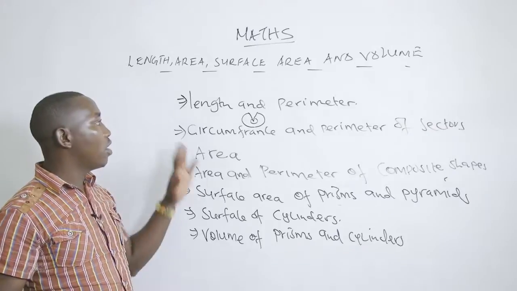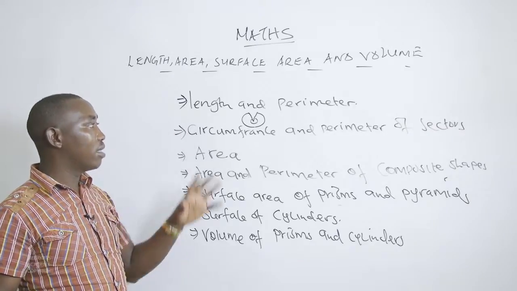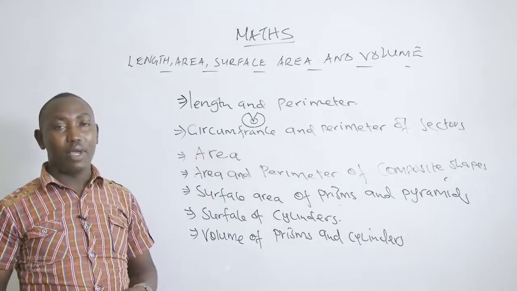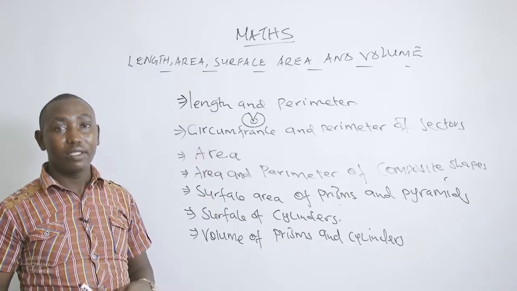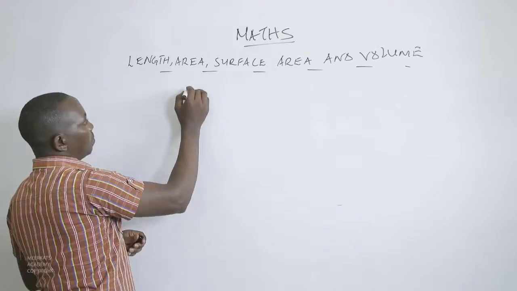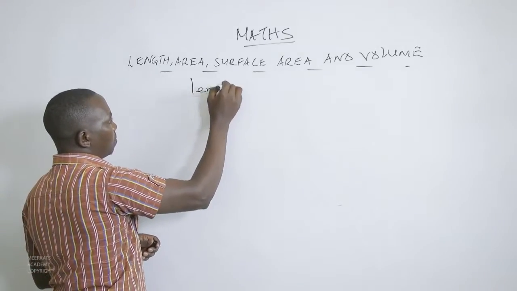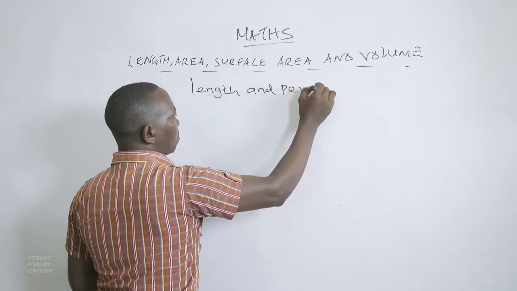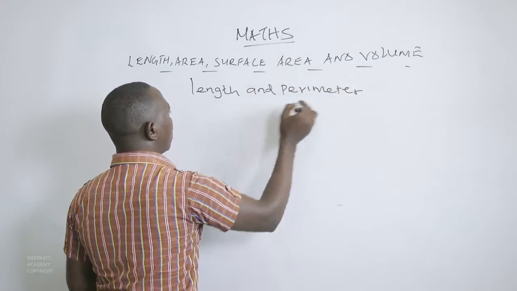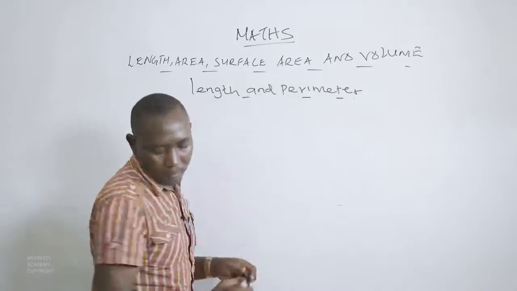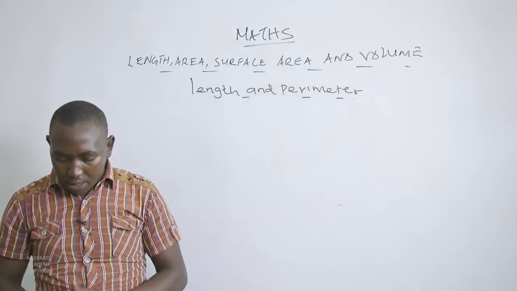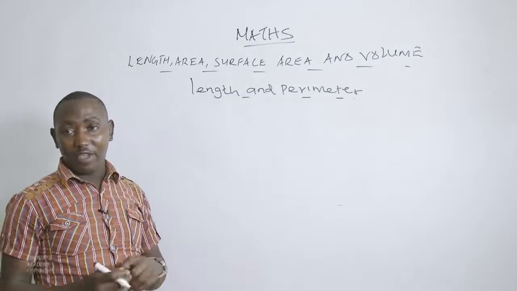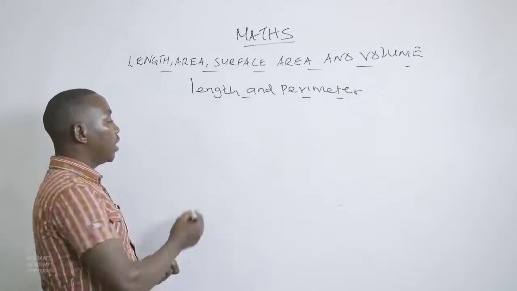So today, we are going to begin with the study of the length and the perimeter of regular surfaces. Now, as we had said, if this is a plane figure, then we have 2 points.